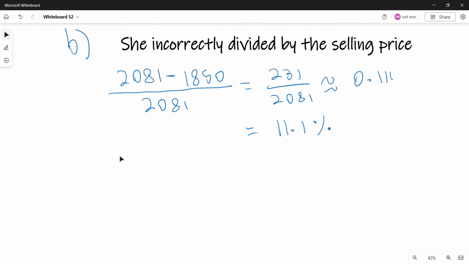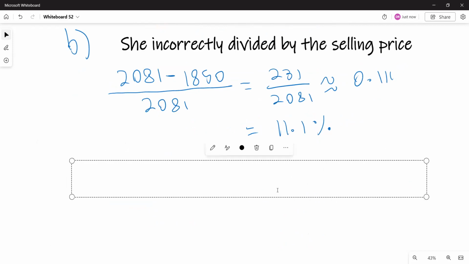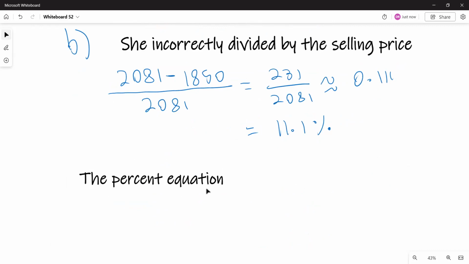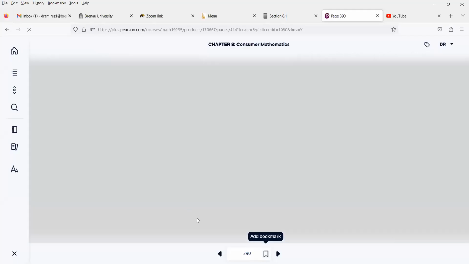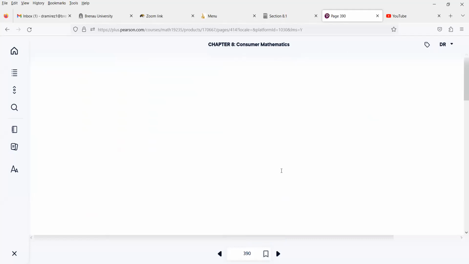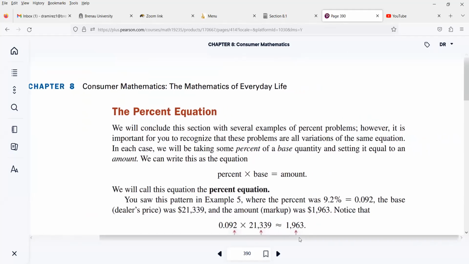Okay, so we have done basics of percents. We have done the percent of change. And at the end, we're working with the percent equation. We will conclude this section with several examples of percent problems.